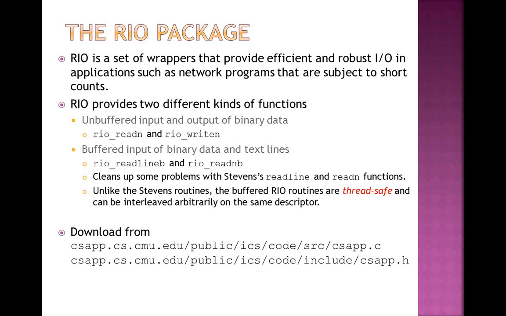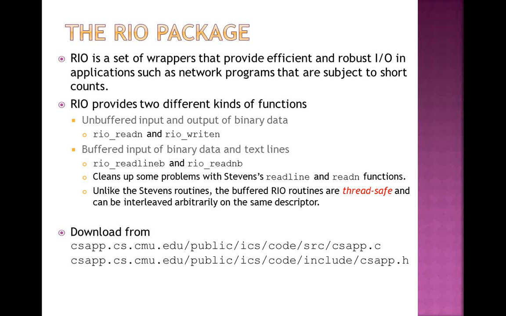One is unbuffered input and output, done by using rio_readn and rio_writen. The other is buffered input of binary data and text lines, done by using two functions, rio_readlineb and rio_readnb. So these are the functions available in the RIO package: one unbuffered and one buffered, each containing two functions.